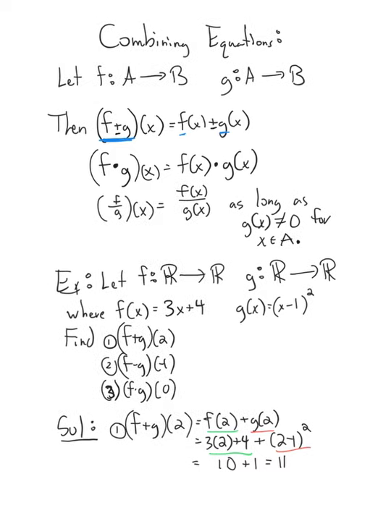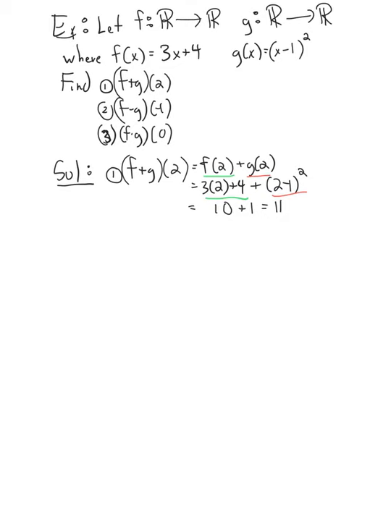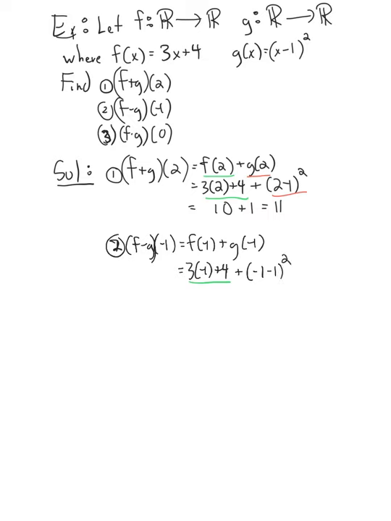Let's keep going. F minus g of minus 1 is going to be f of minus 1 plus g of minus 1. Well, f of minus 1 is 3 times minus 1 plus 4. And g of minus 1 is minus 1 minus 1 squared.